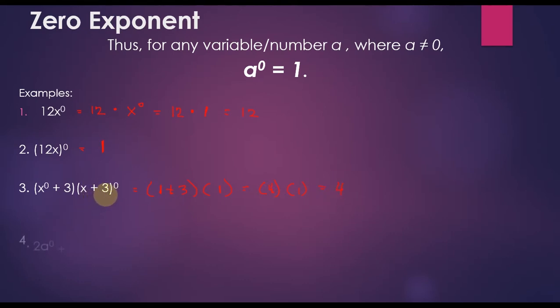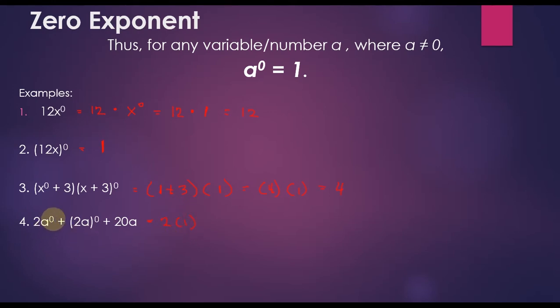Next, number 4. Again, we have here some combination of zero exponent. So 2 times a raised to 0. This will give you, again, 2 is not a base of our zero exponent. So we can retain 2 here. And then a is the base of 0. So we can change this to 1.